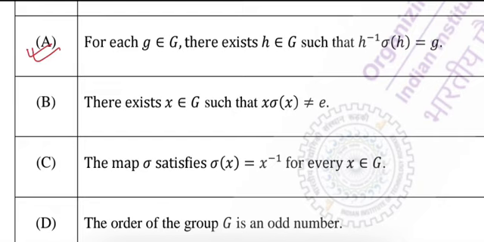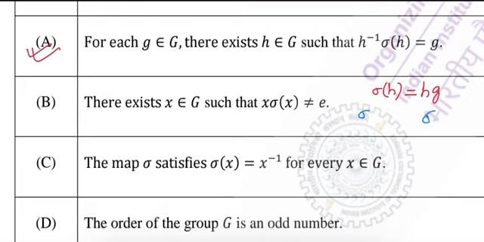Let us now use this relation. In this type of question where there are multiple true options, generally the options are related. So from this relation I can write sigma h equals h inverse g. Now I impose sigma on both sides.